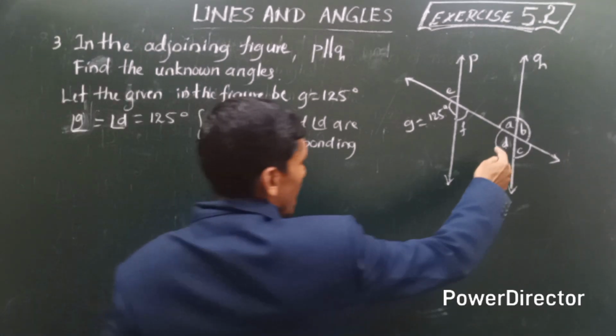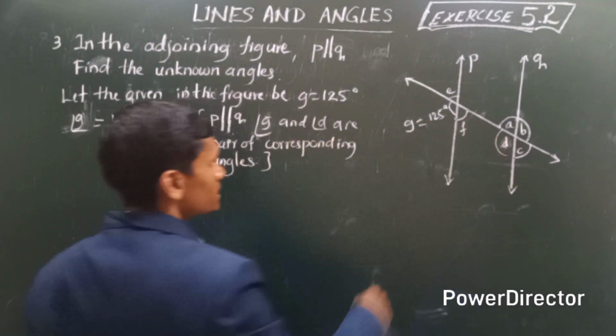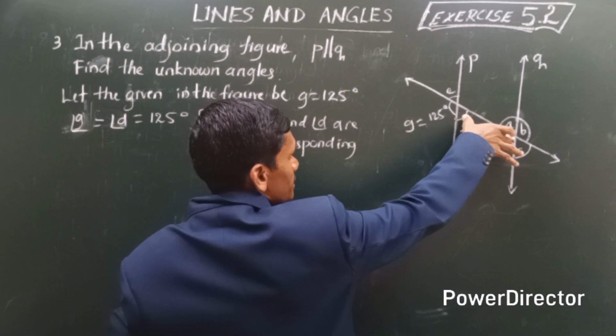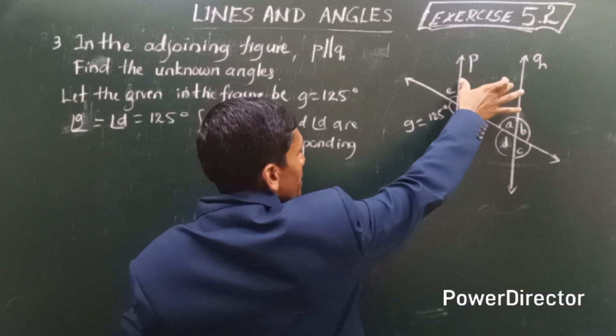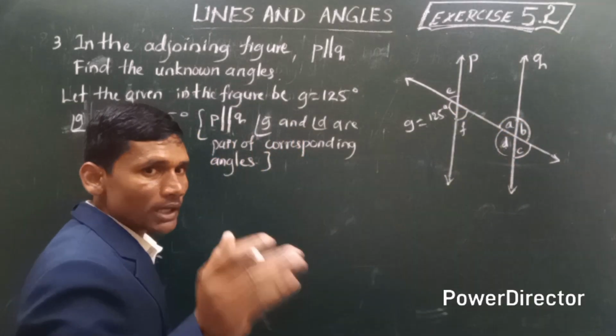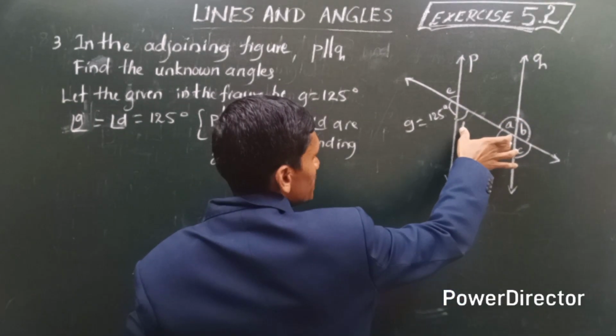How? Angle D and angle F, what are these? They are the angles on the same side of the transversal, or not? P and Q are parallel. Then the sum of these angles is supplementary.